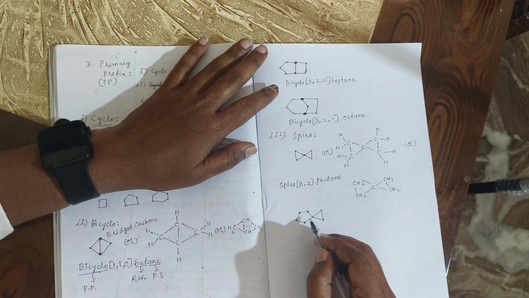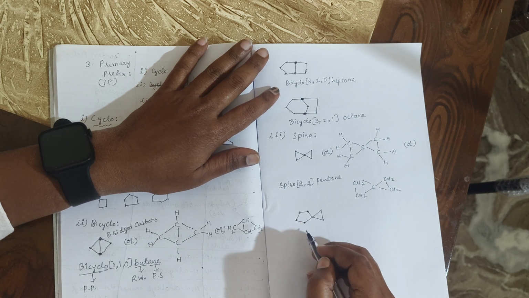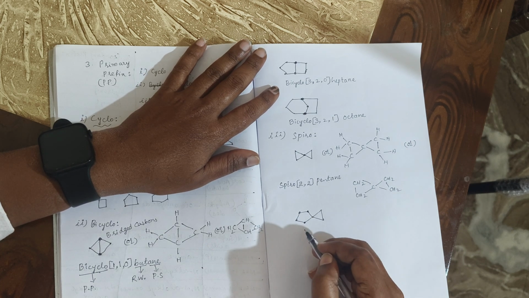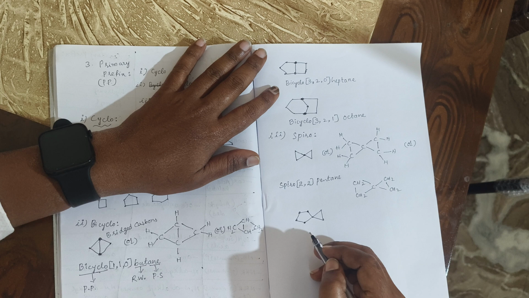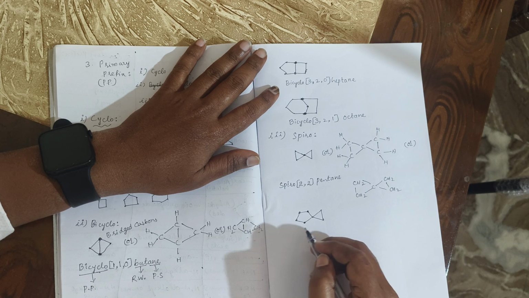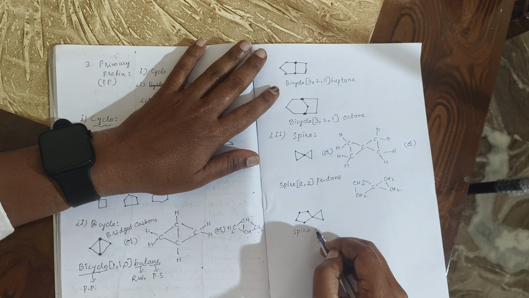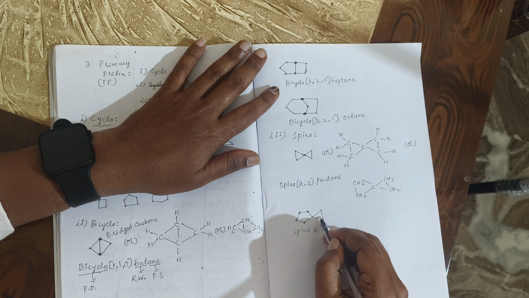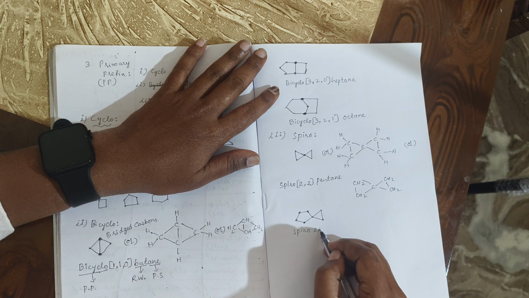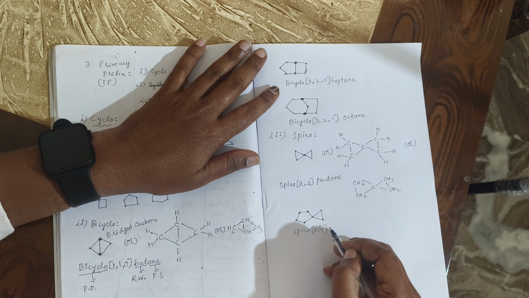But here we write 2 comma 4, from lower to higher, in ascending order, not descending order. We say spiro 2 comma 4, because 2 are on the right side and 4 are on the left.